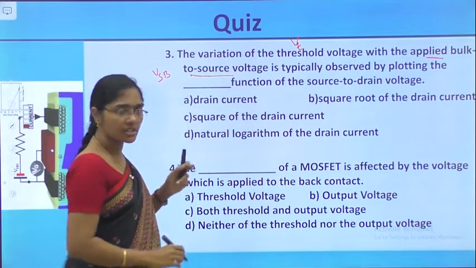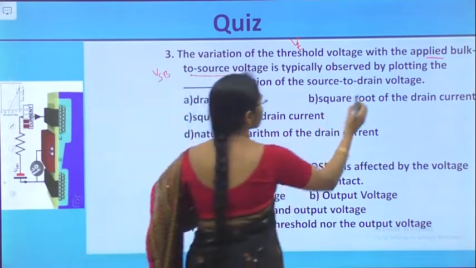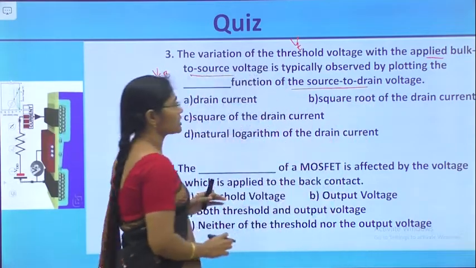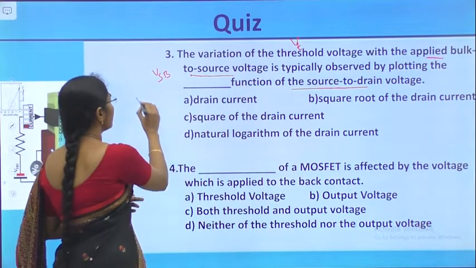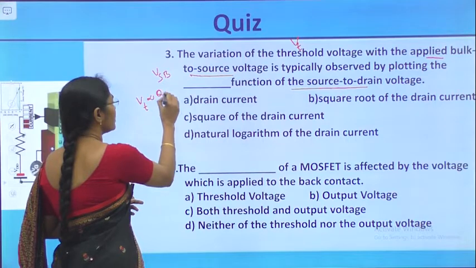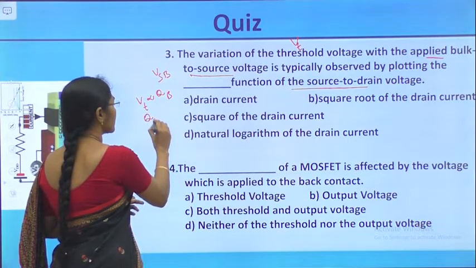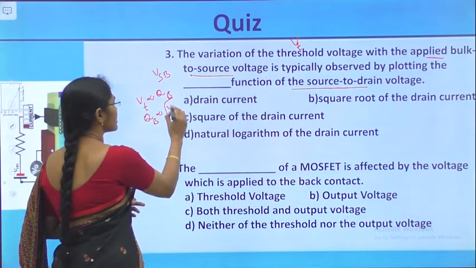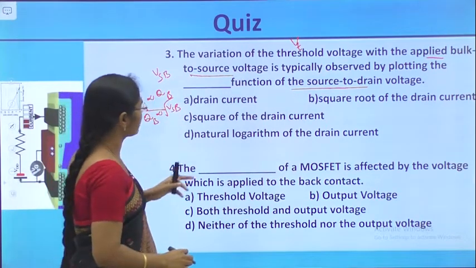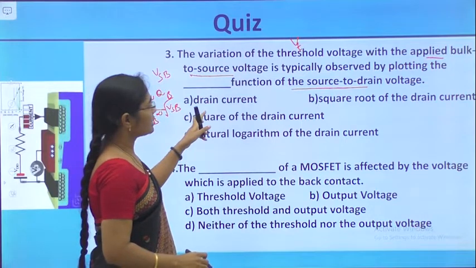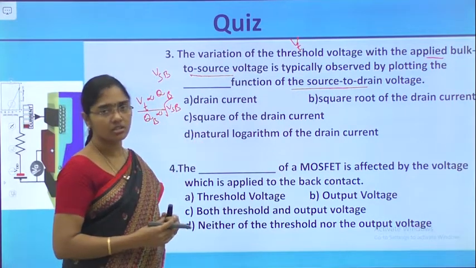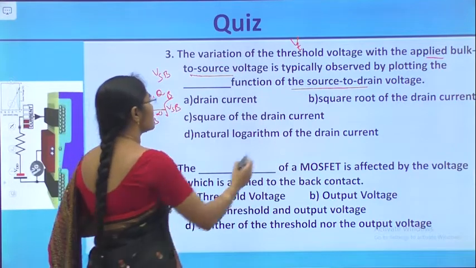So, what is the function here? VT, we have seen, is directly proportional to QB, where QB is directly proportional to square root of VSB. So, VT is nothing but square root of VSB. The options are drain current, square root of the drain current, square of the drain current and natural logarithm. So, here our option is square root.